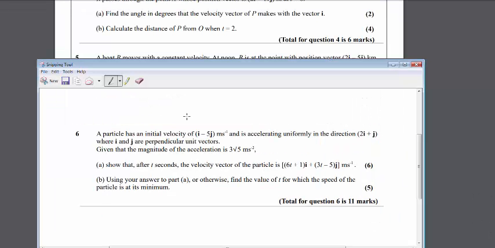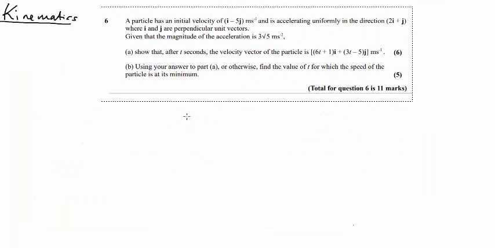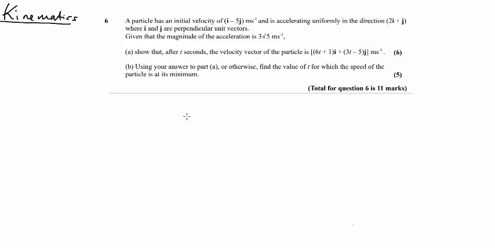Okay, nice 11 marker. Let's see how this one goes. All right, let's have a look at this. So it has an initial velocity of that, so that's telling me something about my t equals 0.